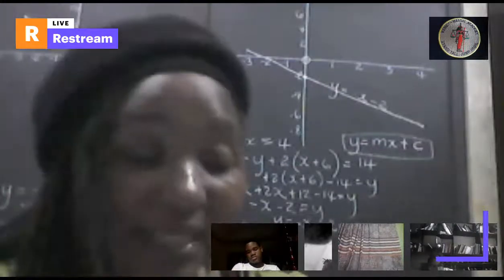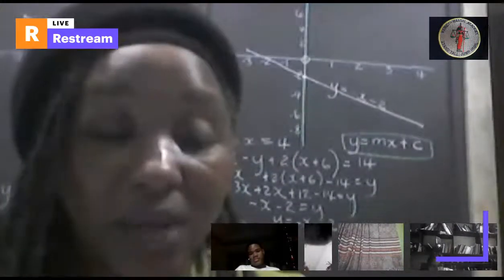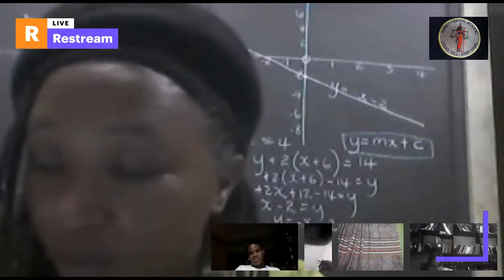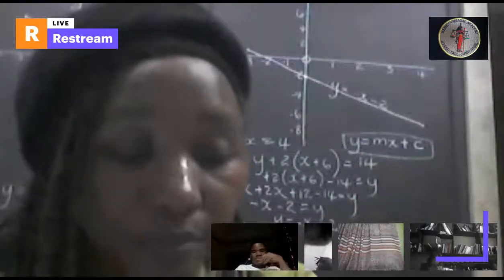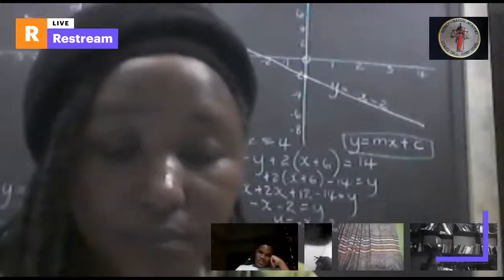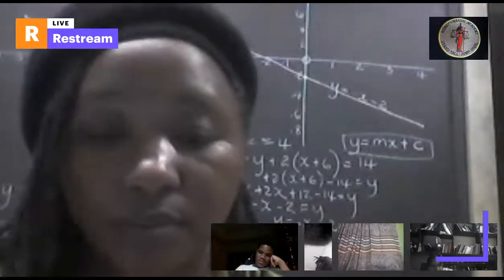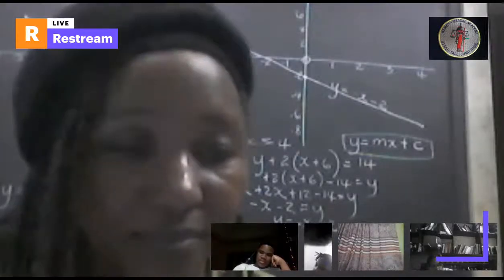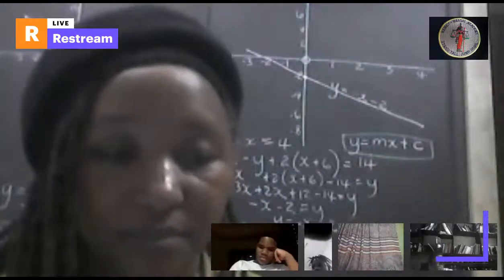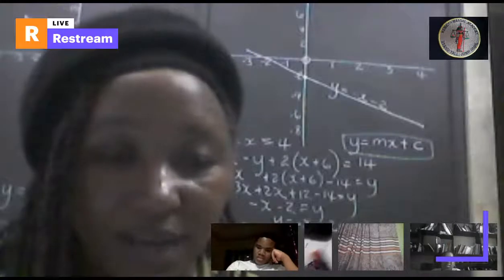So just by seeing the equation, we can know at least 3 things. What are those 3 things that we can know? Go ahead, Dreshan. Did you have your hand up, Dreshan?